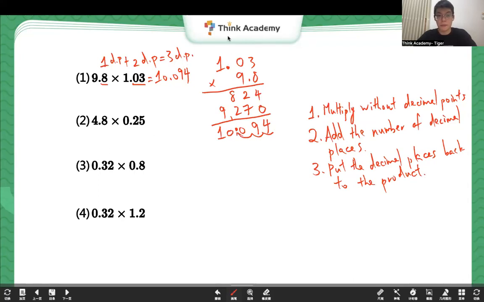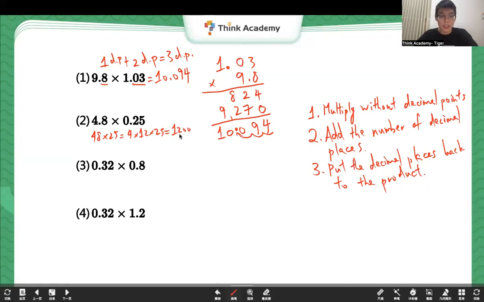That's it. All right. So for the next question, 4.8 multiplying 0.25. So let's calculate 48 times 25 first. So for 48 times 25, we know that's going to be equal to 4 times 12 times 25, which is 12 hundredths. That's multiplication skills.